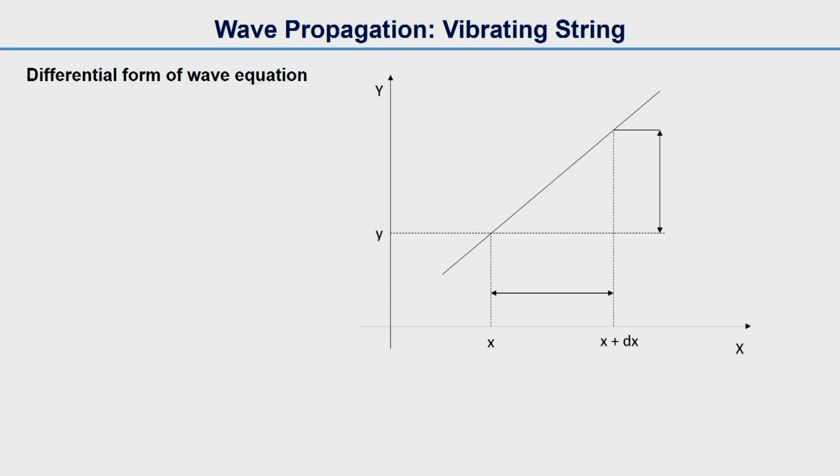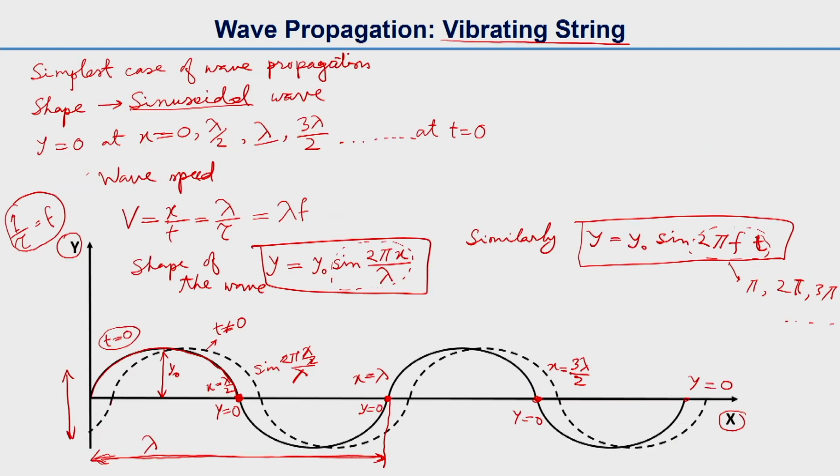So now we will take a segment from that string. Let us say we are taking a small segment out of the string. Let us say this is the small segment ds. We will take this segment and we will go to the next slide.